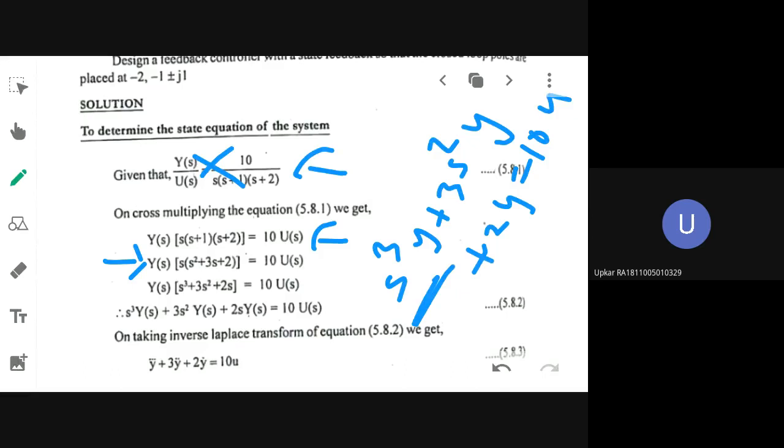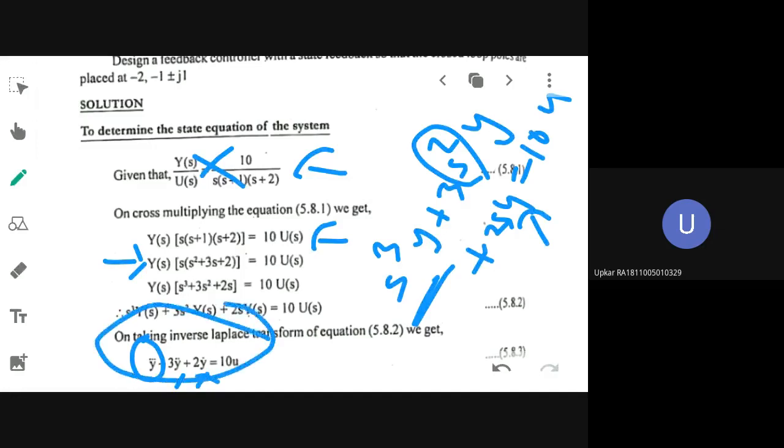So 3 times differentiation means how many dots you will have? 3 dots. Here you are having 2 time differentiation, so 3 into y double dot. Here you are having 1 s, so 1 time differentiation, so you will be having 2 y dot, that is equivalent to 10u. So you have written this equation.